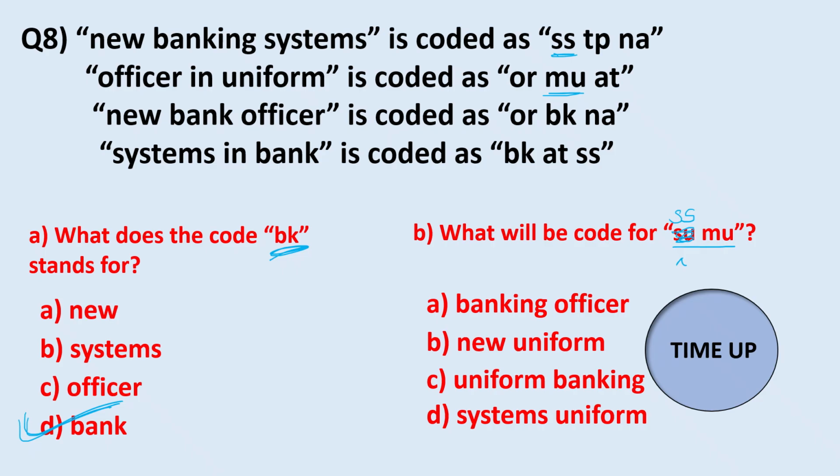So MU is only in one statement, but SS is in two statements, if you see. First and the last one. But you have got that BK stands for bank, correct?